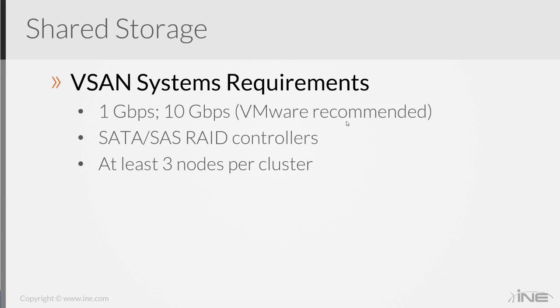We would also need at least one SSD or solid state drive. And ideally you would want your storage controller to be a SATA or SAS. And you would want to have those configured in a RAID array. This is basically due to the nature of the data that you would be storing on that host, a virtual machine in this case.